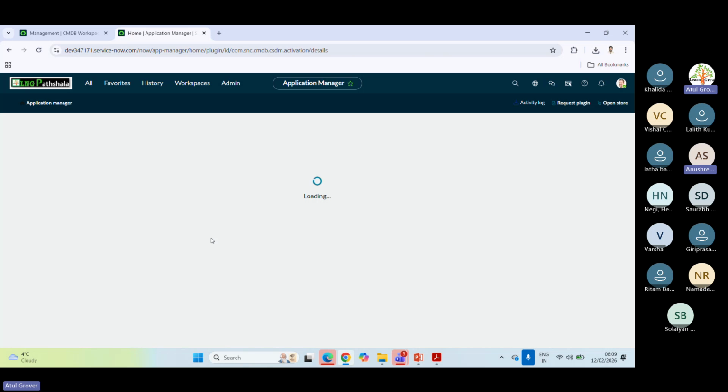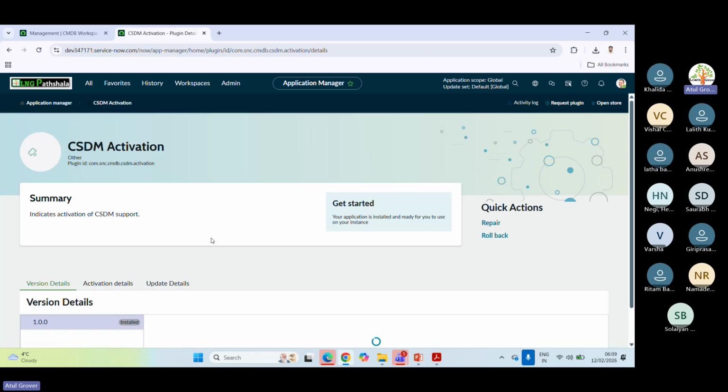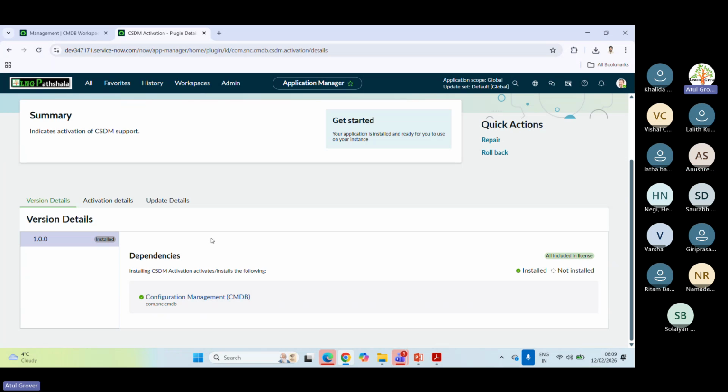So is this the plugin which is not installed on production? See, to be frank with you, when I purchased this Zurich PDI, I did not install any plugin. The only plugin I installed is the one we discussed in the class. So this is already installed for me. Okay, might be this can be the reason.